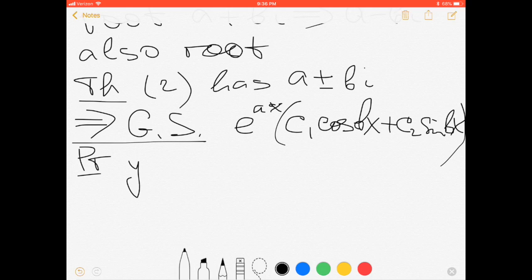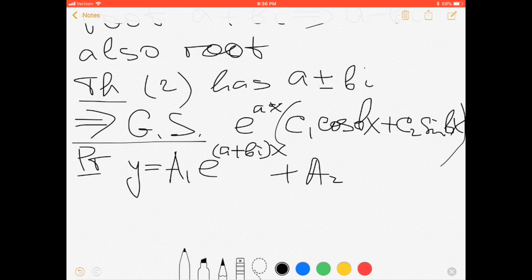This means our solution will be a1 e to the (a plus bi)x plus a2 e to the (a minus bi)x.